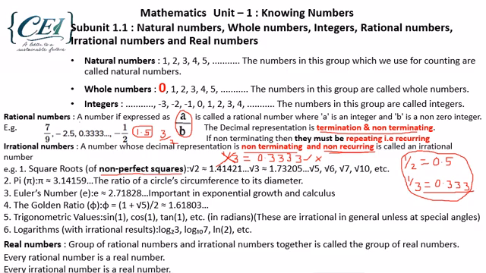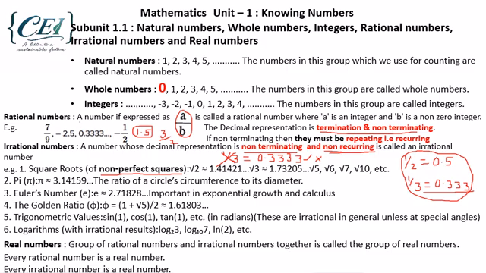So root of 2 is 1.4121 and so on. It is non-terminating, non-recurring. Root of 3 is the same. Root of 5, root of 6, root of 7, root of 8. Root of 9? No, 9 is a perfect square. So root of 9 is a rational number. Root of 9 is 3. 3 is a rational number. 3 can be expressed in the form of 3 upon 1.